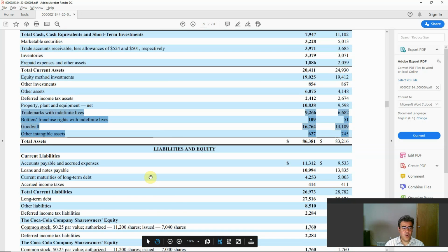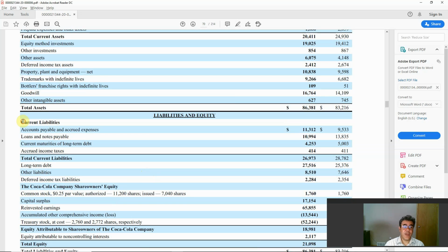And then we go here, liabilities. We also have current liabilities. The same thinking as the current assets: everything that will be paid in one year or the operating cycle, whichever is the longest. Coca-Cola, one year. Accounts payable, notes payable, current maturities of long-term debt. What is this? Long-term debt is everything that I will be paying in more than one year.